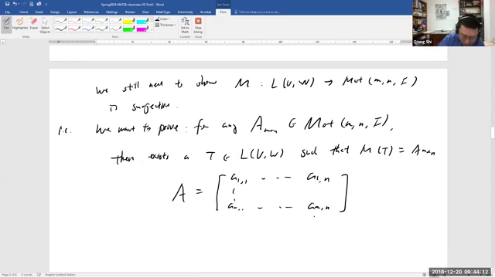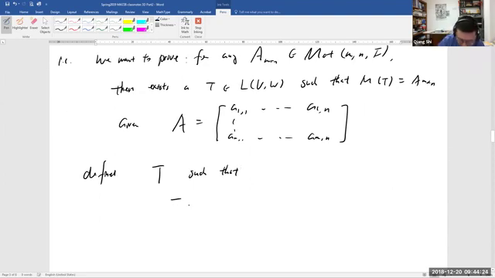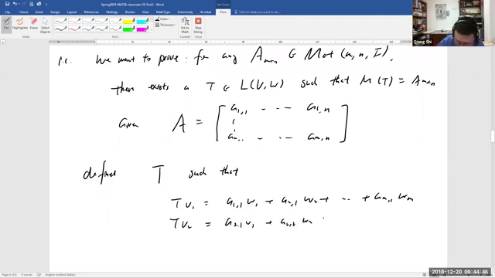Given the A here, we're going to define a T such that T of V1 is A11 times W1 plus A21 times W2, and then Am1 times Wm. And T of V2 is the same as A12 W1, A22 W2, up to Am2 Wm.